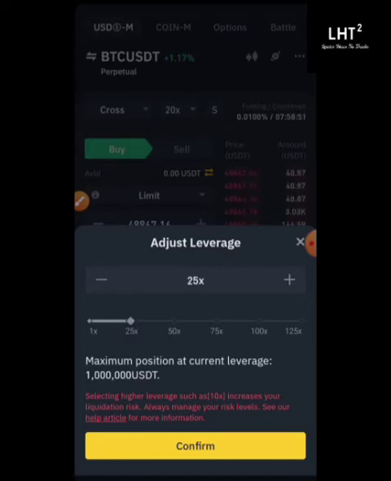If you click on 25x, and probably you're using $20 out of your $50 to trade, clicking 25x means you're telling Binance, borrow me 25 times this particular amount I'm using, which is $20, to enter this trade.